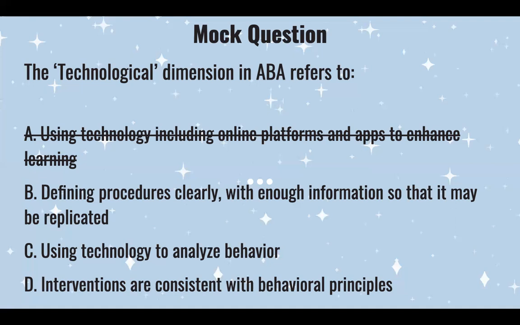So similarly, we'll get rid of C for the same reason, using technology to analyze behavior. And the last one we're going to get rid of is D, because interventions consistent with behavioral principles is conceptually systematic, not technological. So that leaves us with B, defining procedures clearly with enough information so that it may be replicated is the technological dimension in ABA.